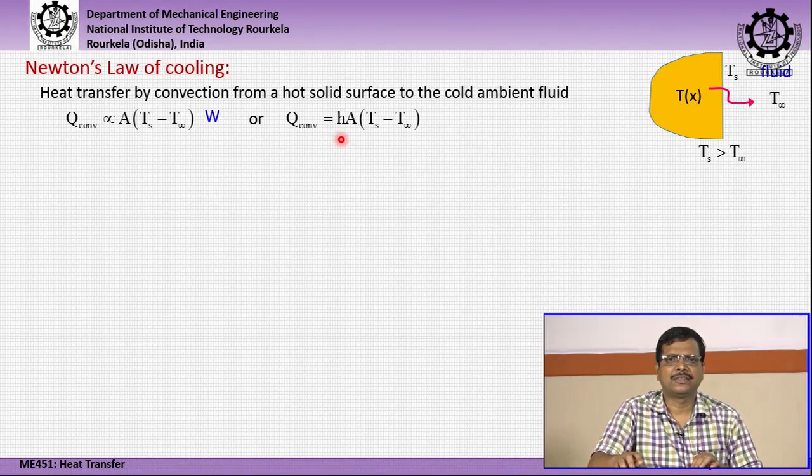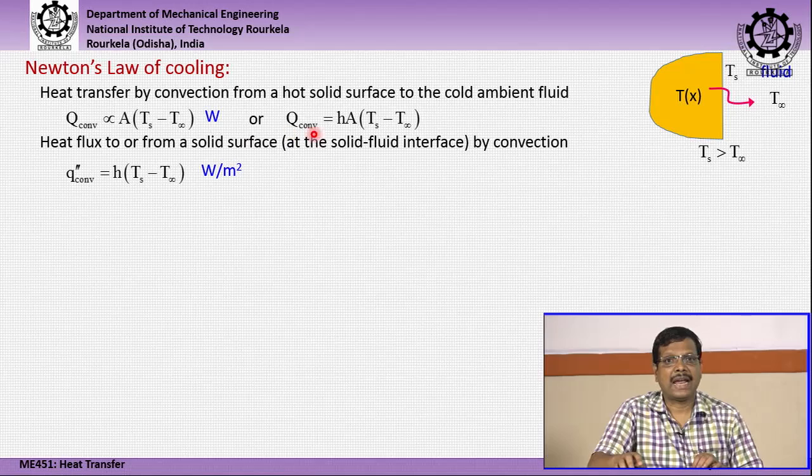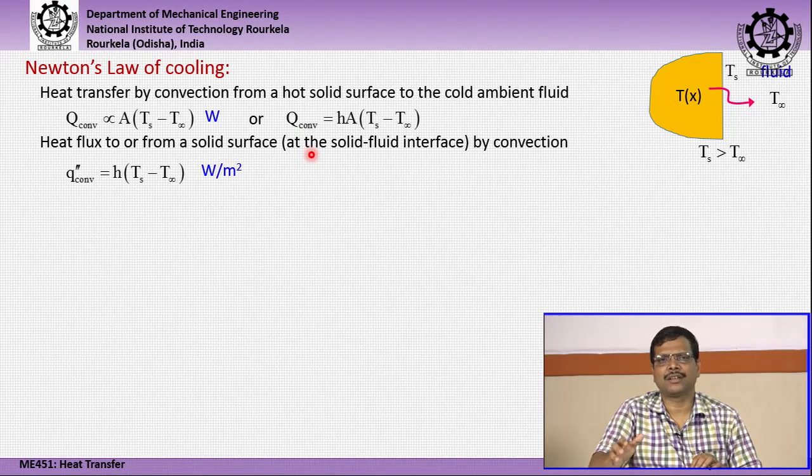Here this small h, the constant of proportionality, is known as the convective heat transfer coefficient. And if you take the surface area A to the right hand side, you will get Q convection by A, that is convective heat transfer per unit surface area of the solid to the ambient fluid, which we represent as Q double prime convection, that will be equal to h into T s minus T infinity.